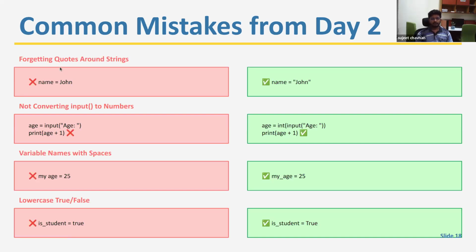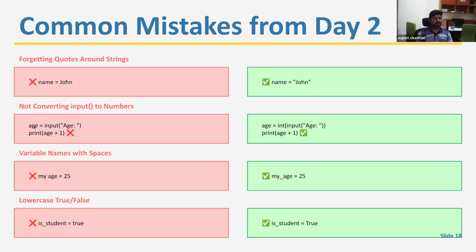So there are some common mistakes which you need to avoid. Don't write name equal to John. Write it inside double quotes. So the left side is an error, a syntactical error. Next thing is not converting input to numbers.